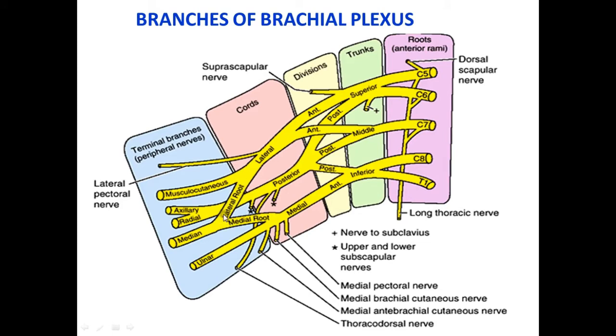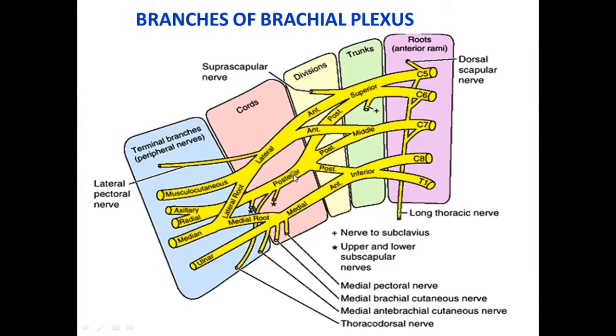This large nerve is formed by the lateral as well as the medial cord. One root arises from the lateral cord, we say the lateral root. Another root arises from the medial cord, we say the medial root. When the lateral and medial roots unite together, they form the median nerve. Musculocutaneous arises from the lateral cord.